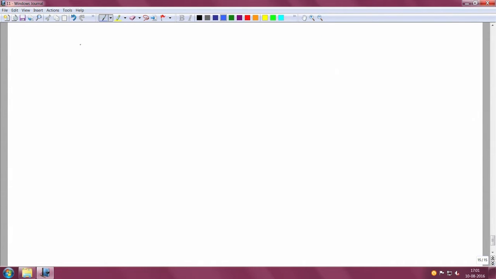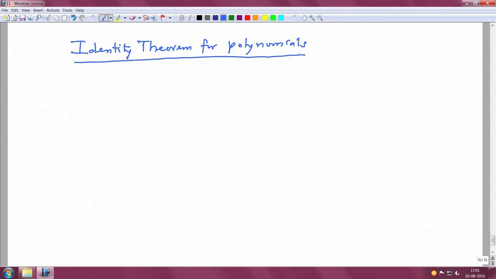This is a theorem, the identity theorem for polynomials. Very useful for many calculations, in particular for interpolations.